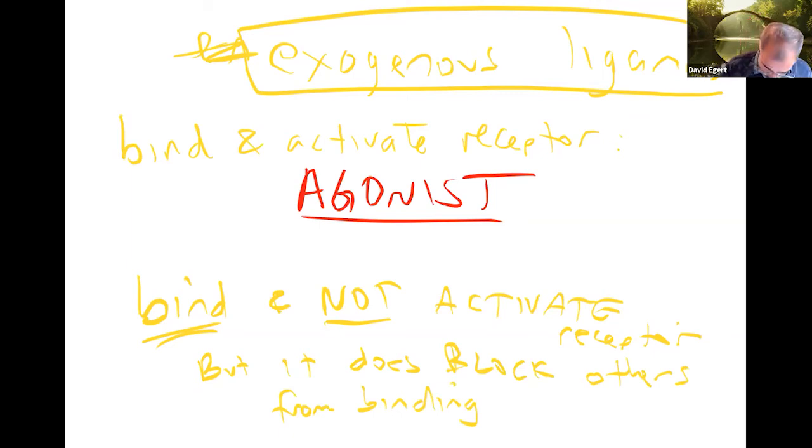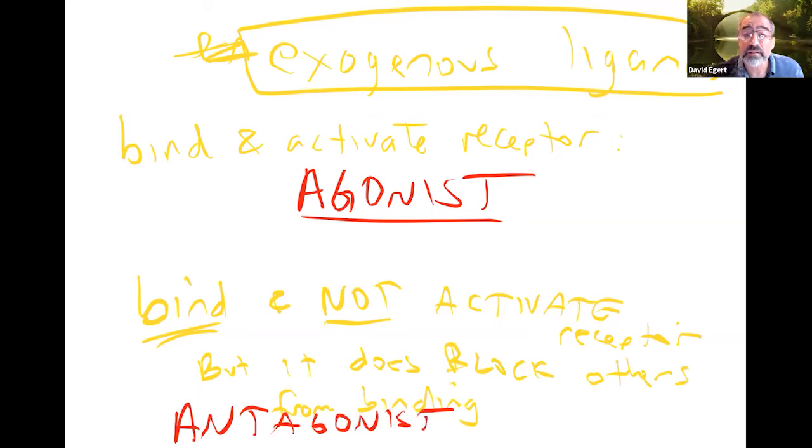So this is going to be called an antagonist. Like for instance, I use the example, albuterol is an agonist that turns on the adrenaline receptor, which is useful if you're trying to breathe, if you have asthma.